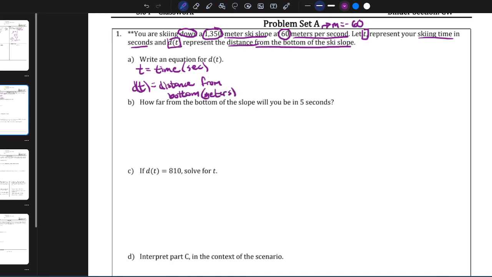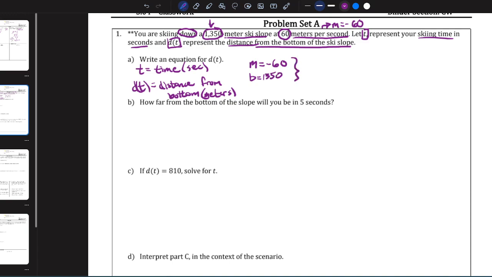Now I've already annotated that my slope is going to be negative 60. And so if I take a look at the other information I have, that must mean that my starting point, that b value, is going to be that 1,350.